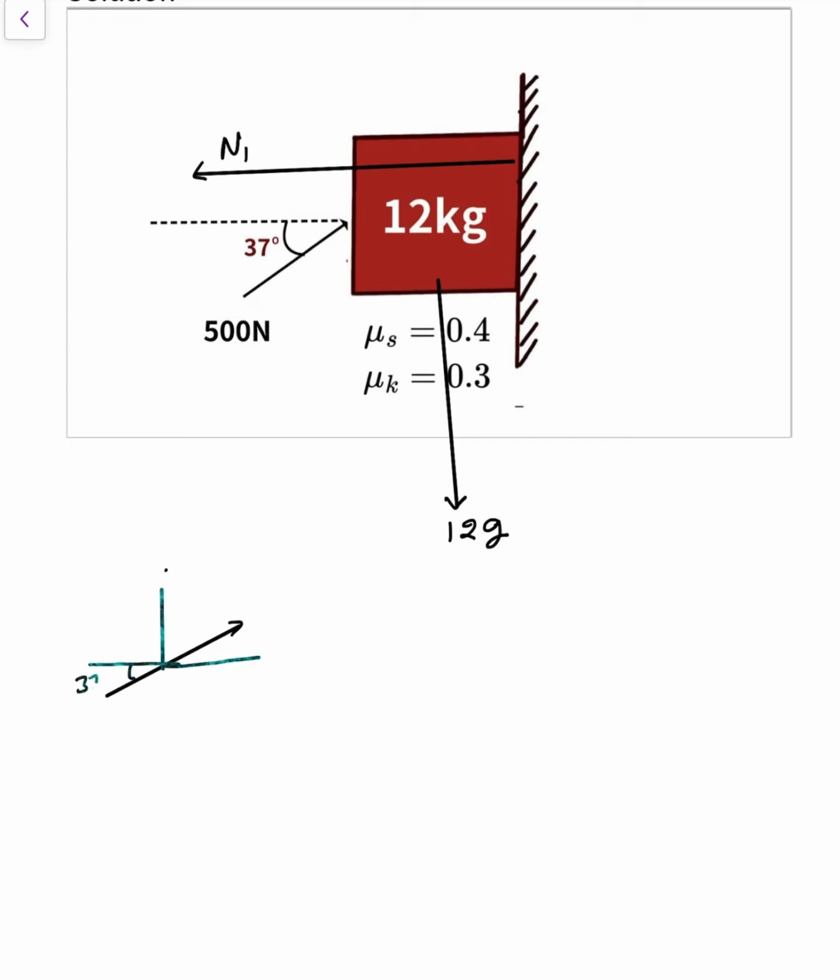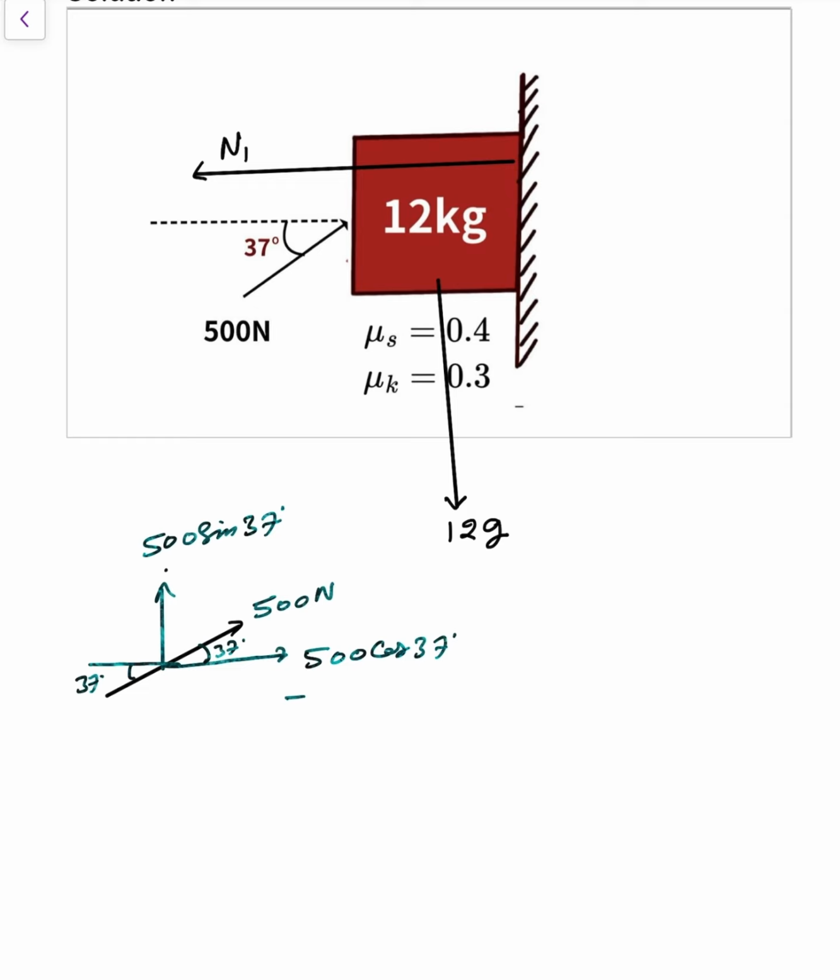That one is 37 degree, so that one is also 37. And here 500 Newton. So that one is 500 into cos 37, and here 500 sin 37.